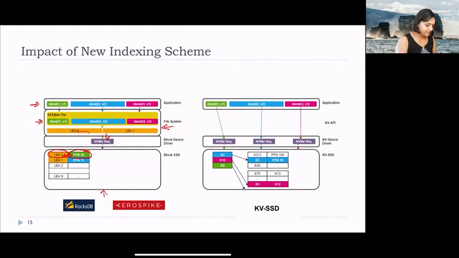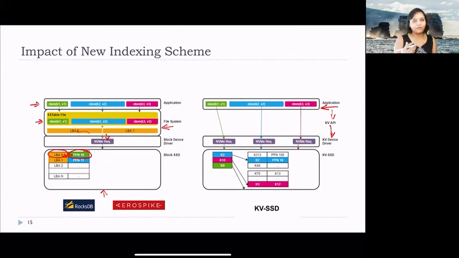But now inside KVSSD, we still have the same application, right? We want to support running the same application that's using these key value pairs. These key value pairs, through the lightweight key value API, are directly issued to the KV device driver.